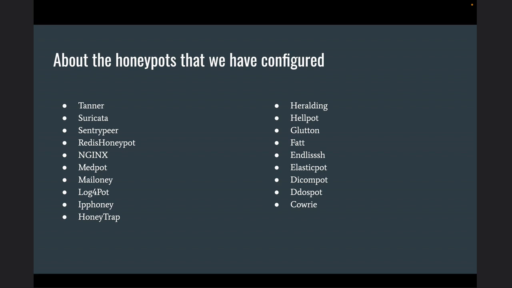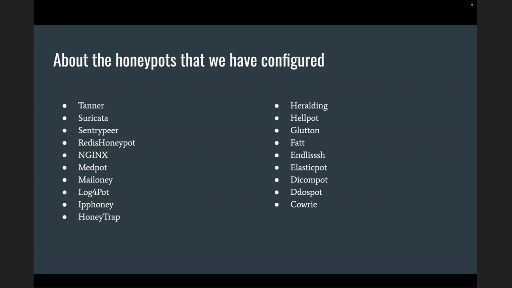Firstly, it's Tanner. Since Tanner is a honeypot framework, the type of attacks observed depends on the specific honeypot deployed using this framework. It can attract a wide range of attacks targeting various services and protocols.